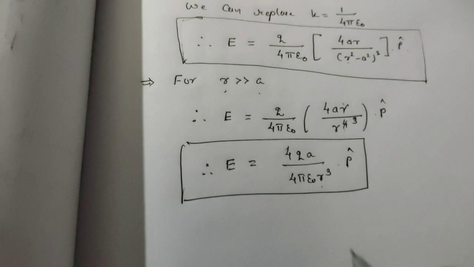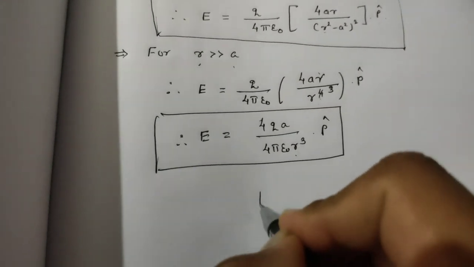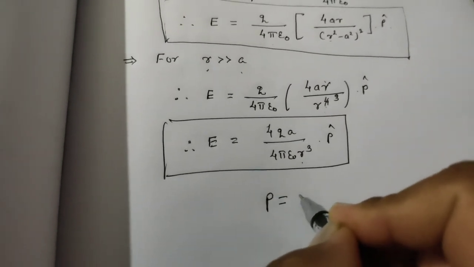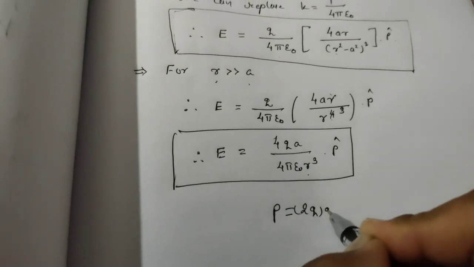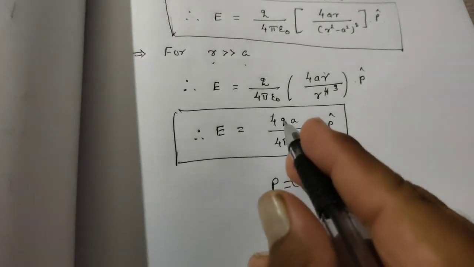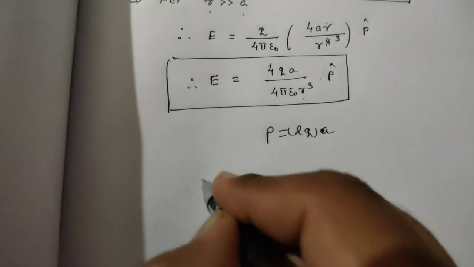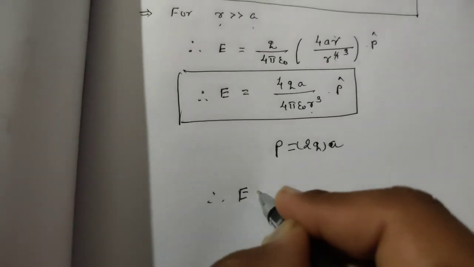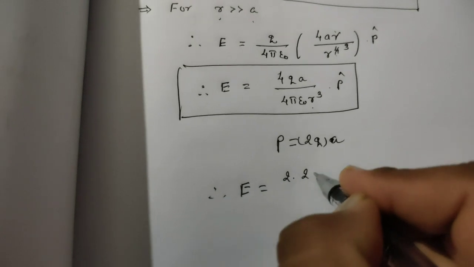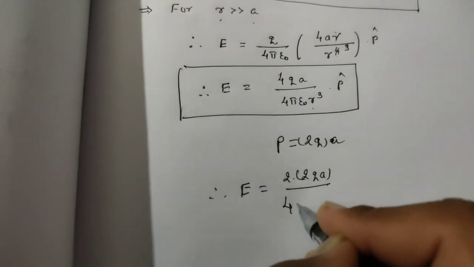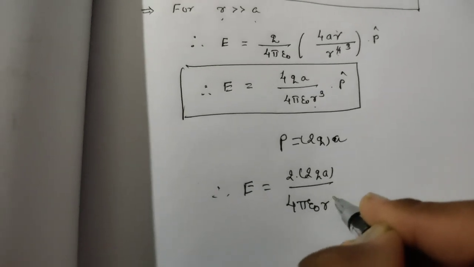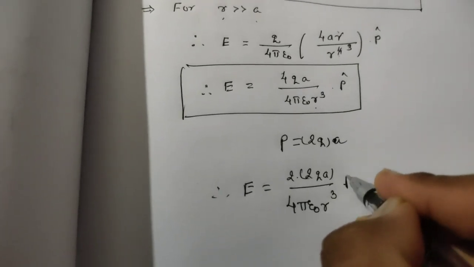So this is the electric field produced due to the point charge particle. Here one more point you can add: as we know, the electric dipole moment we can write using this equation, 2q into a. So here just separate this answer. So we have E equal to 2 into 2qa divided by 4 pi epsilon naught into r cube into p cap.